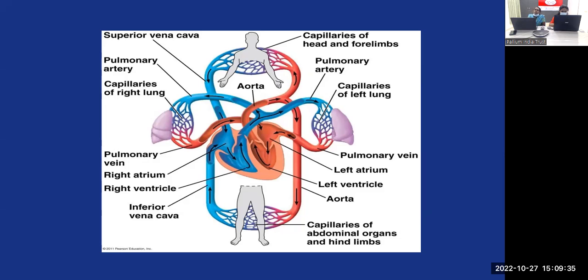Again the same function: it goes to the lungs and purification happens. Here also you can see in the image that in the upper part and lower part of the body, the arterial and venous capillaries are communicating together, and an exchange is happening, with the blood being exchanged.